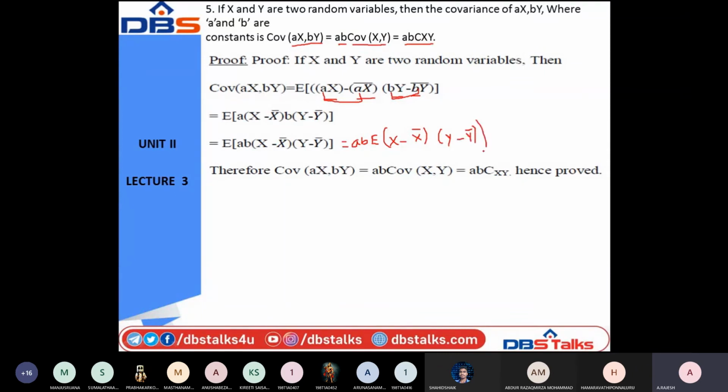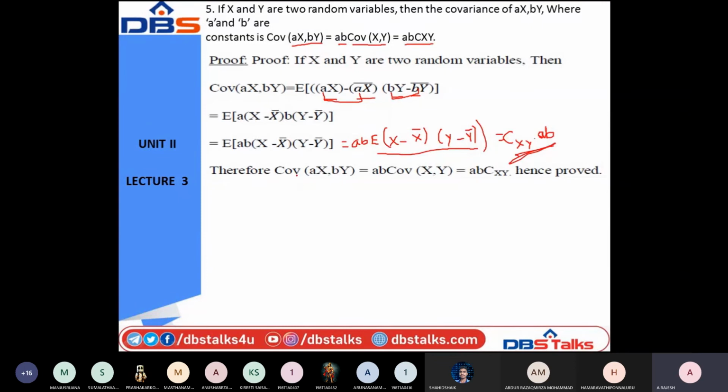So this, E of X minus X complement into Y minus Y complement, will be equal to the covariance of XY, into ab, I have written here. Okay, that is what we need to prove.